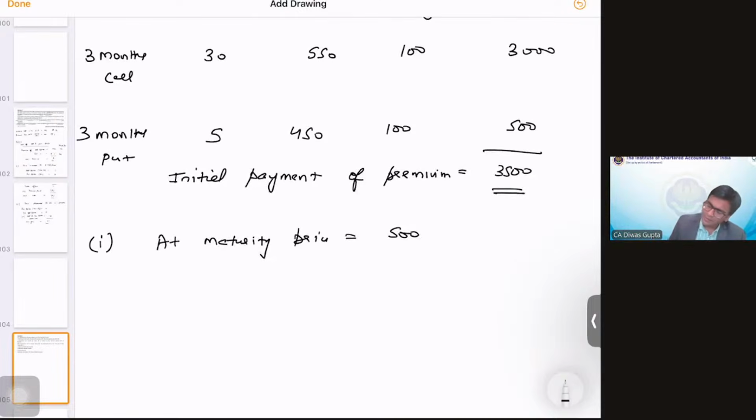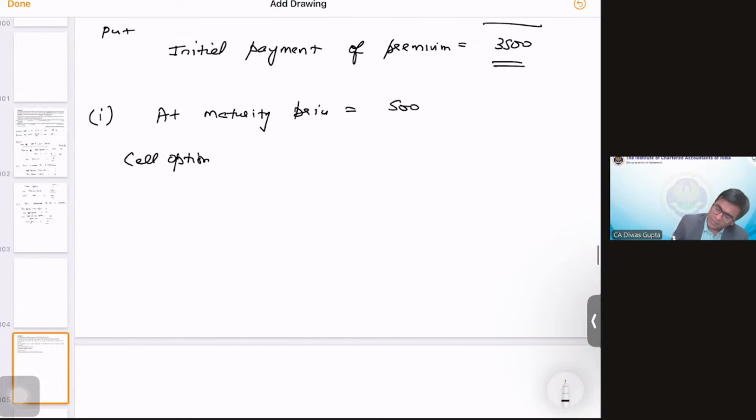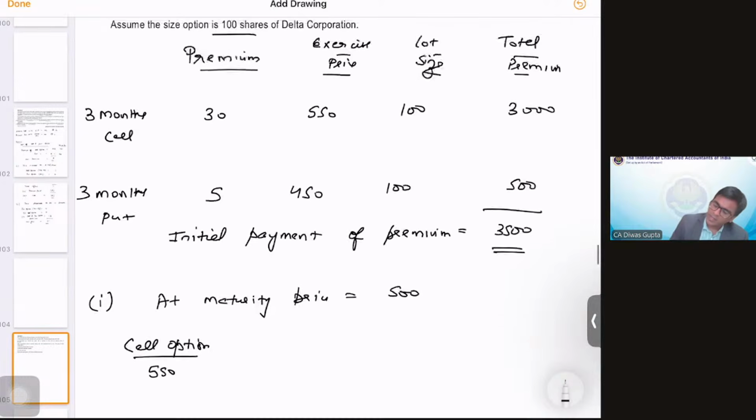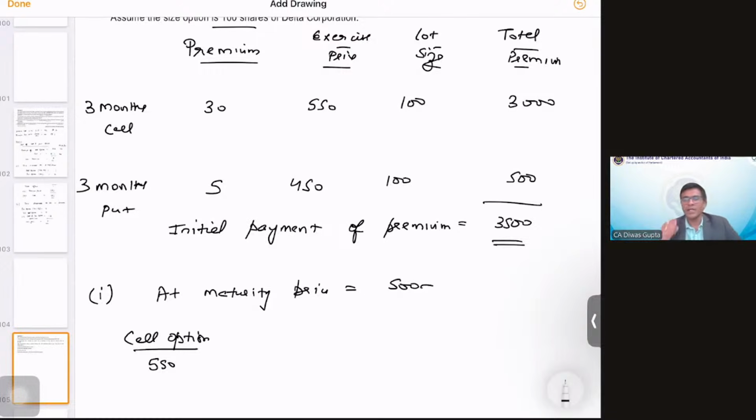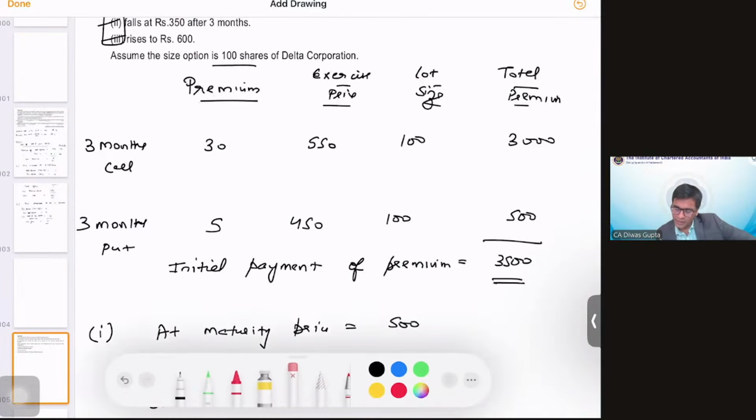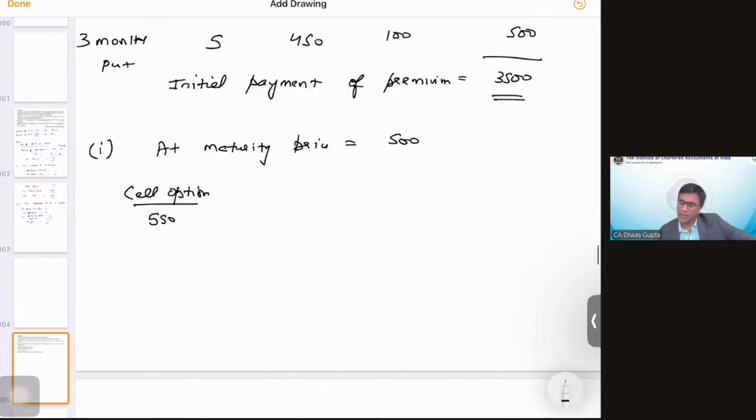Now tell me, students, we will talk about the call option here. What is the strike price of the call option? 550. Actual price is 500. Tell me whether it is in the money, out of the money, or at the money. Please check again.